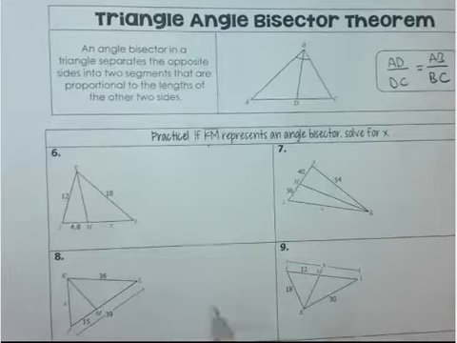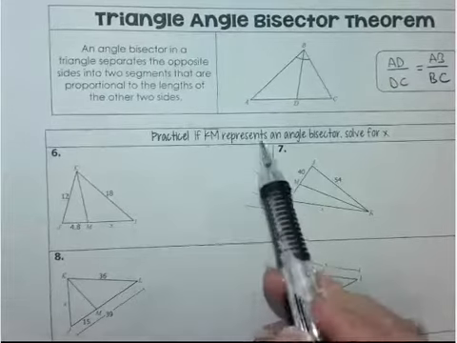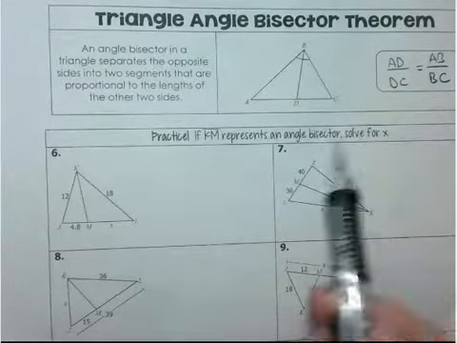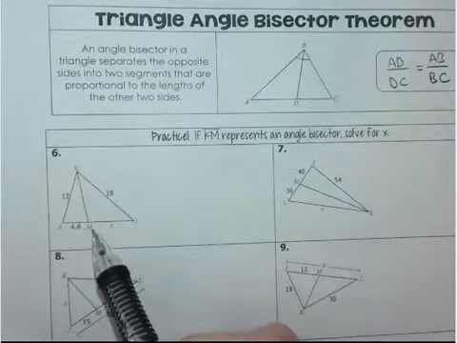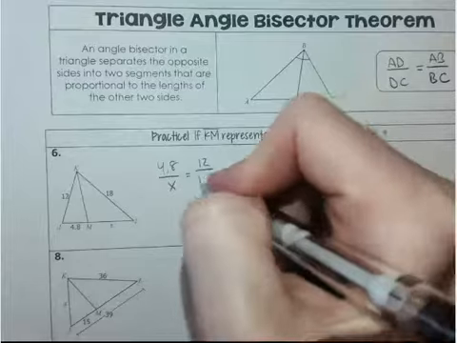Alright, so let's look at a problem. If KN represents an angle bisector, solve for x. So I've got my angle bisector, so that means that 4.8 is to x, as, and then I'm going to grab the 12, is to 18.